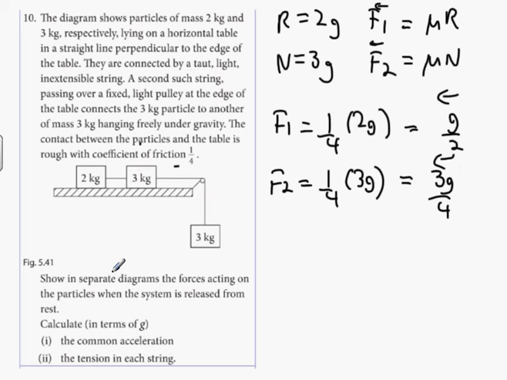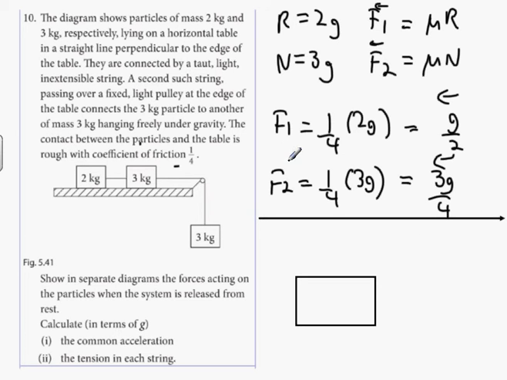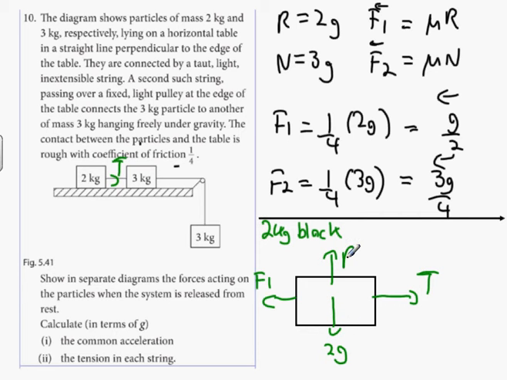Now, it says show in separate diagrams the forces acting on the particles when the system is released from rest. So you've got to draw each one individually. We'll start off with the 2 kilogram block. Choose a letter for our tension; we'll go for T. So it gets T to the right, F1 to the left, its weight 2g going downwards, and its R value going upwards.